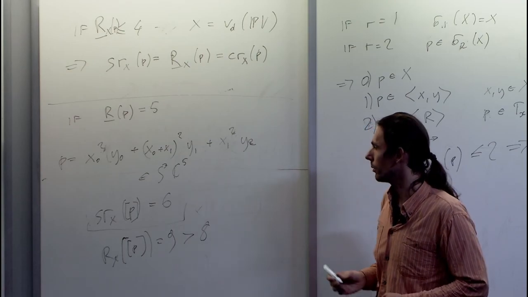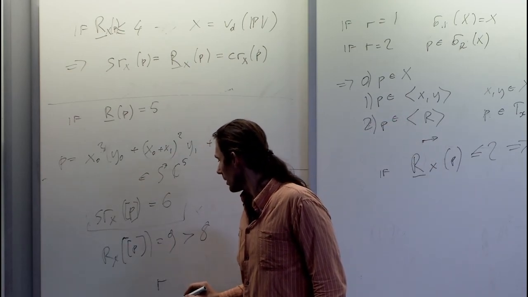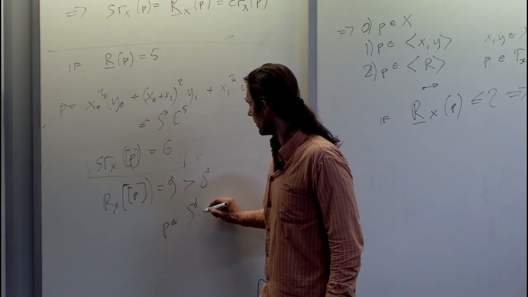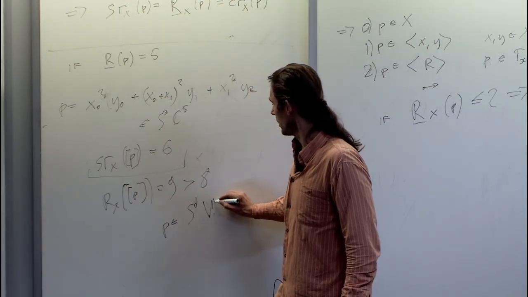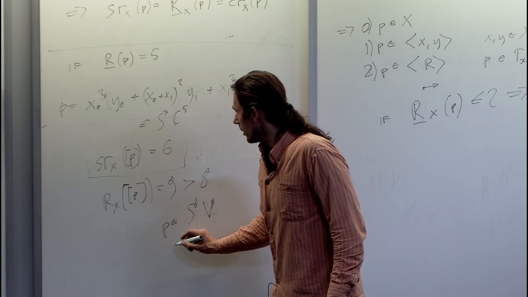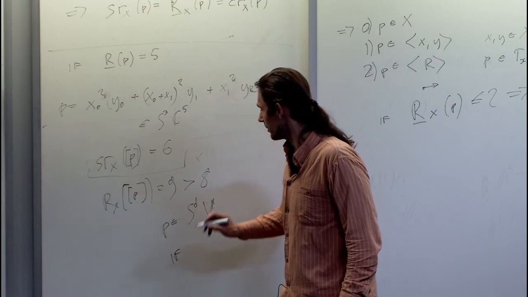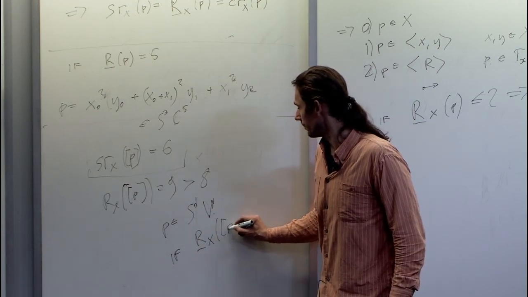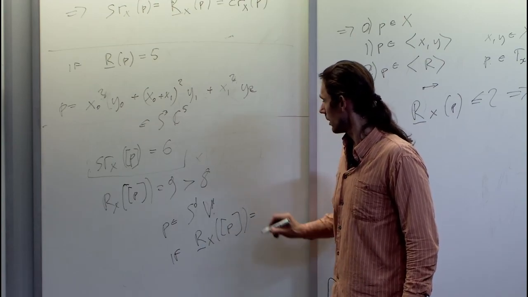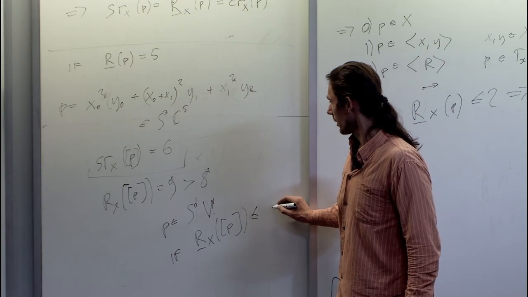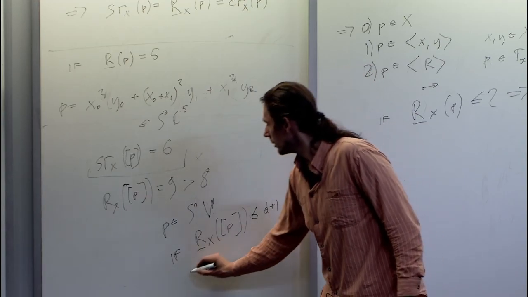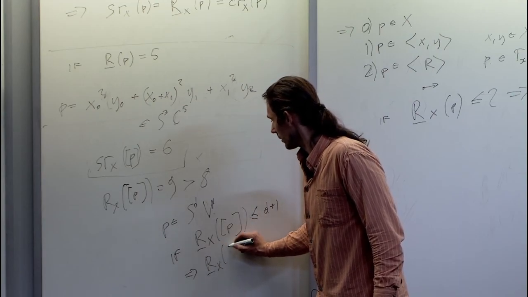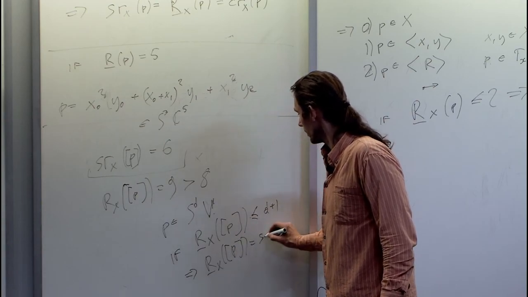So the minimum you need, if you're looking at points in the Veronese, to obtain, well, let me just put it as a positive statement, if the border rank is at most P plus 1, then the border rank is equal to the smoothable rank.